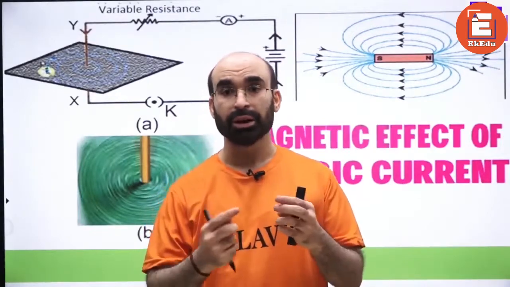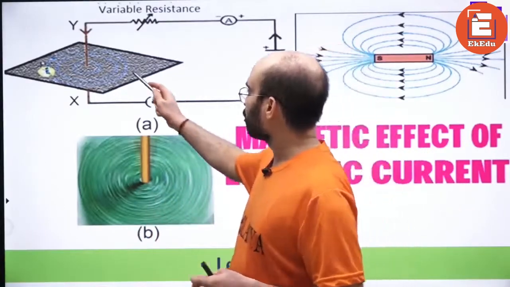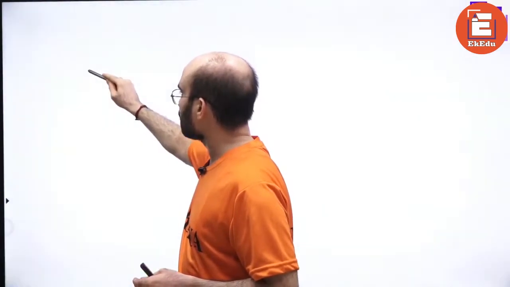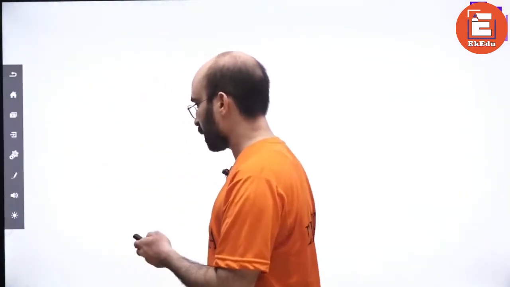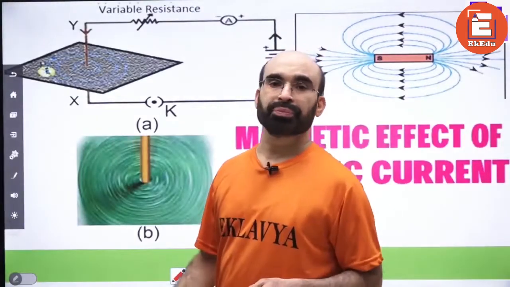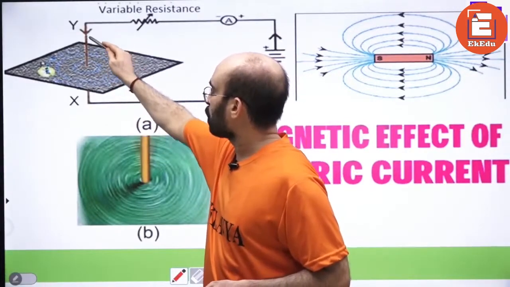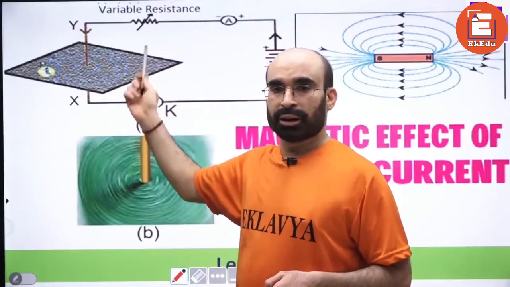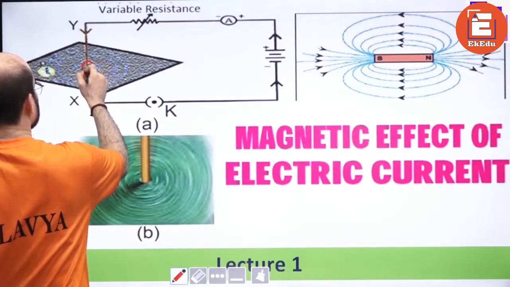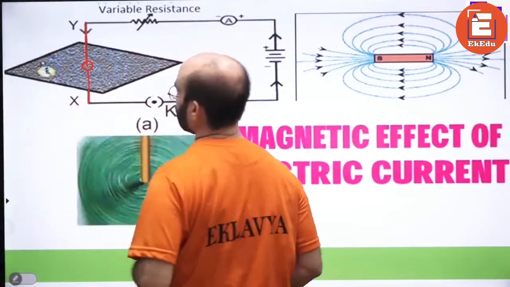You can see here that on this plate, iron filings were kept, and now current was flowing through this wire. It is done in this manner. Basically, here there is some hole, and this is the structure.